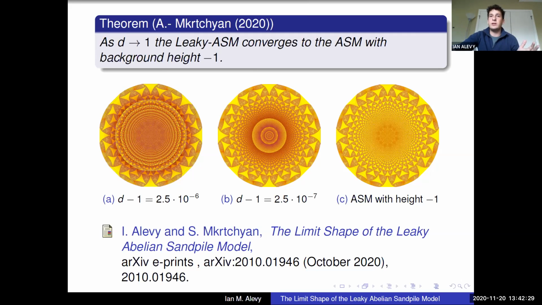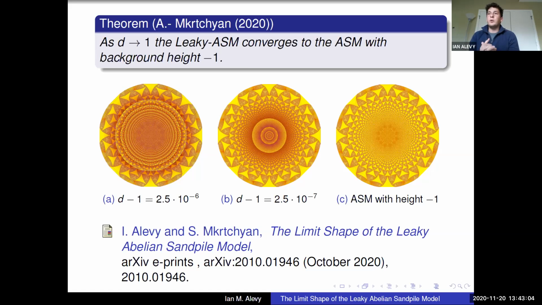In those simulations, you don't see this rich internal structure that the ASM has. However, as D converges to 1, so here D is closer to 1, you start to see the fractal structure appearing. And this is what the ASM looks like without any dissipation, but background height -1. You can see that the leaky ASM is really converging to the ASM.